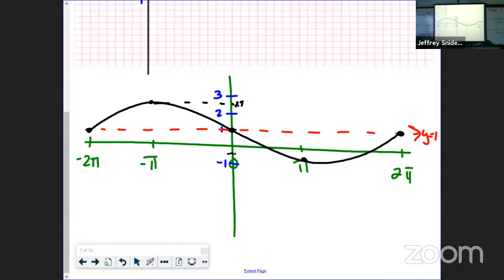I'm just trying to make this so it's just an inch harder.